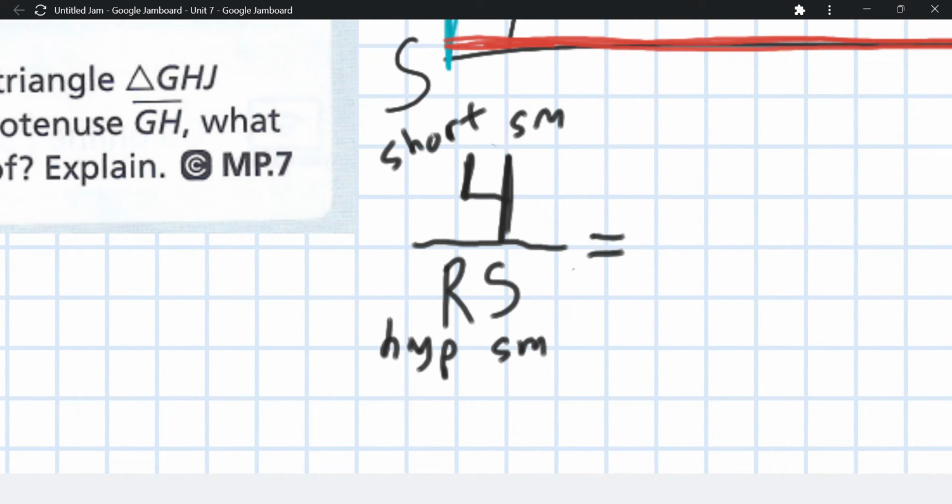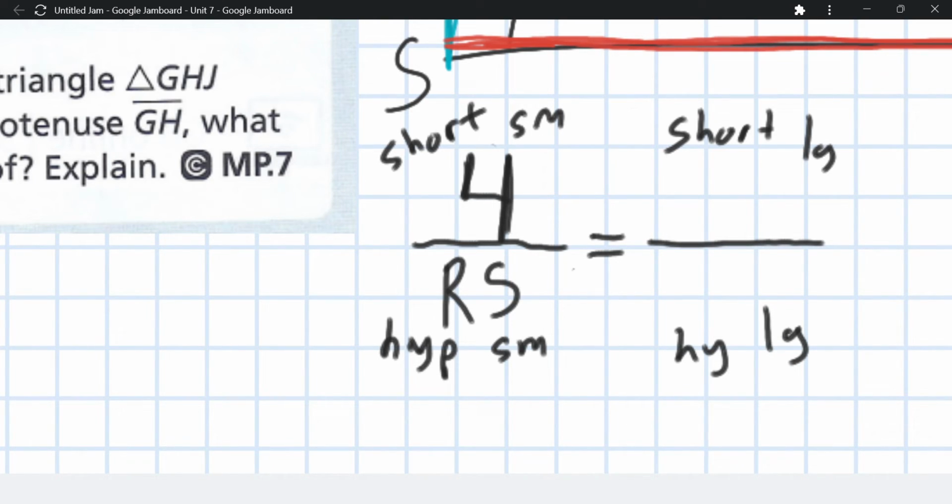And I'm going to compare it to the short of my large and the hypotenuse of my large.